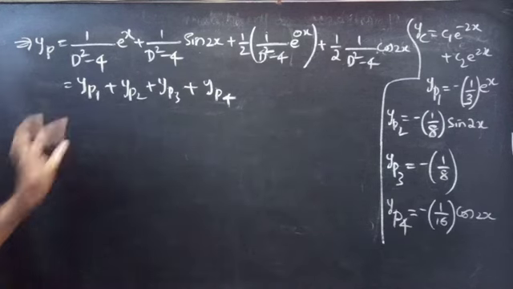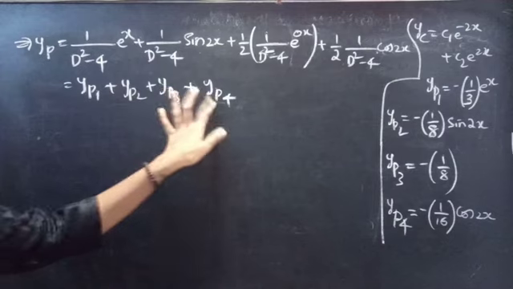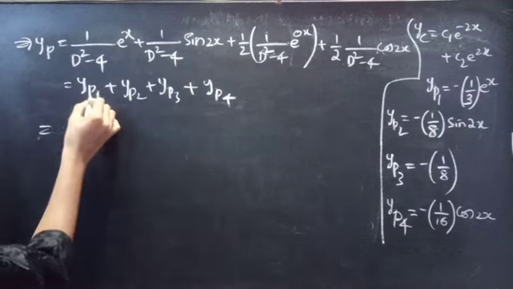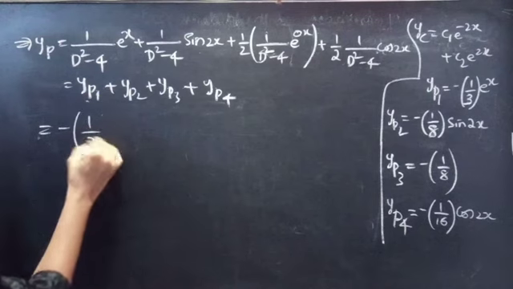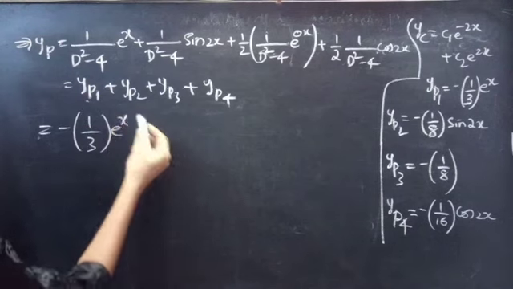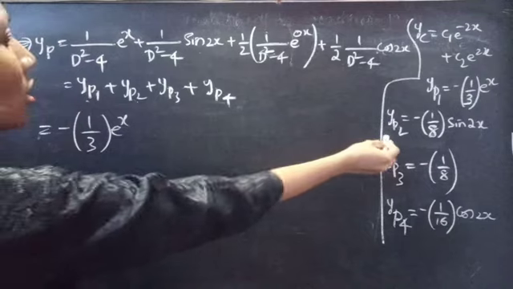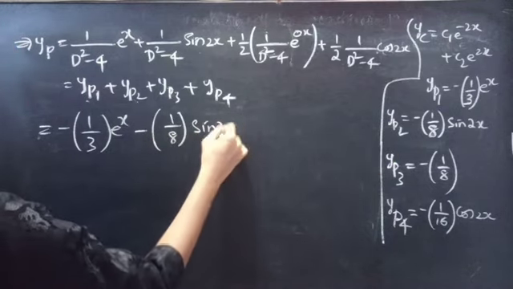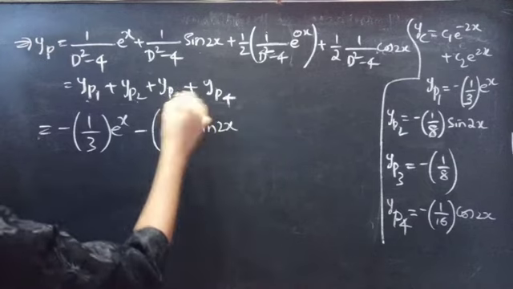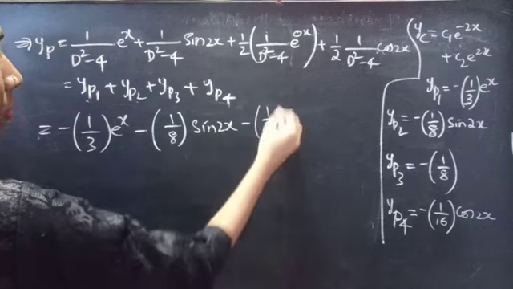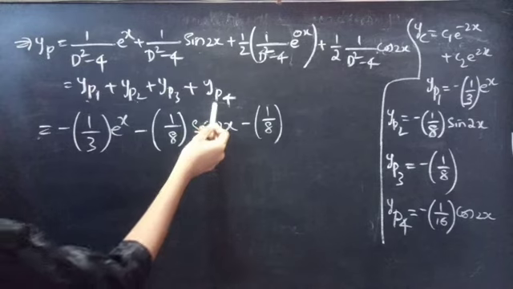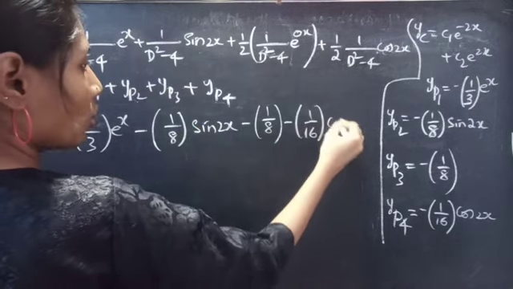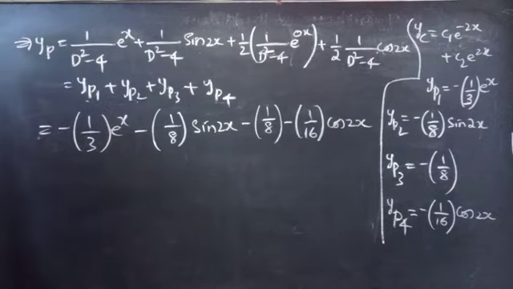Now we have the values of yp1, yp2, yp3 and yp4. So let's substitute them. The result obtained from yp1 is minus of 1 by 3 into e power x, plus the result obtained from yp2 is minus of 1 by 8 into sine 2x, and the result obtained from yp3 is minus of 1 by 8, plus the result obtained from yp4 is minus of 1 by 16 into cos 2x.